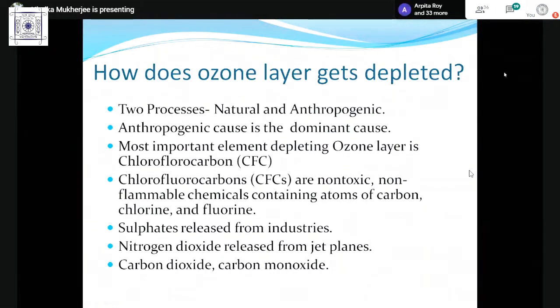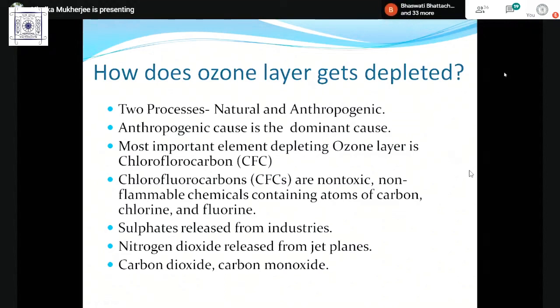So how does the ozone layer get depleted? Firstly, I would say there are two processes in depletion. The first process is the natural process, and the second process is the anthropogenic process, or the process caused by human beings.